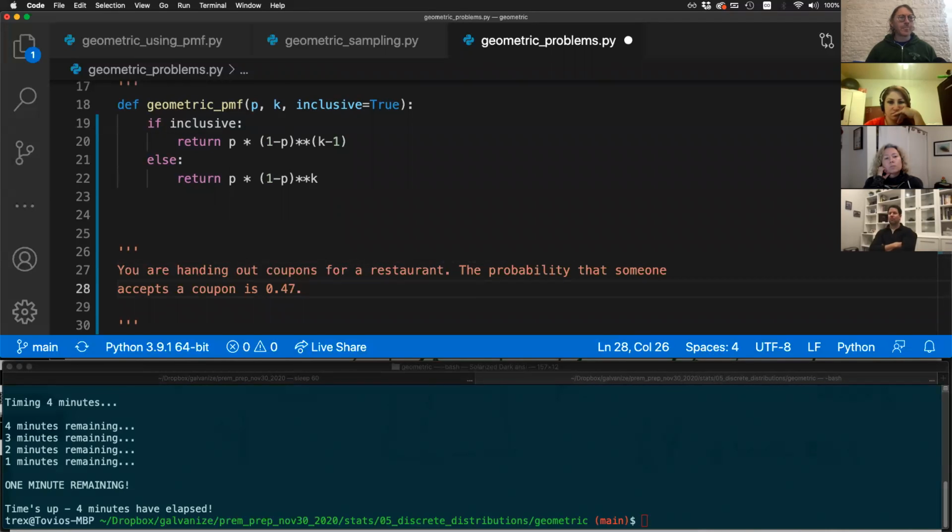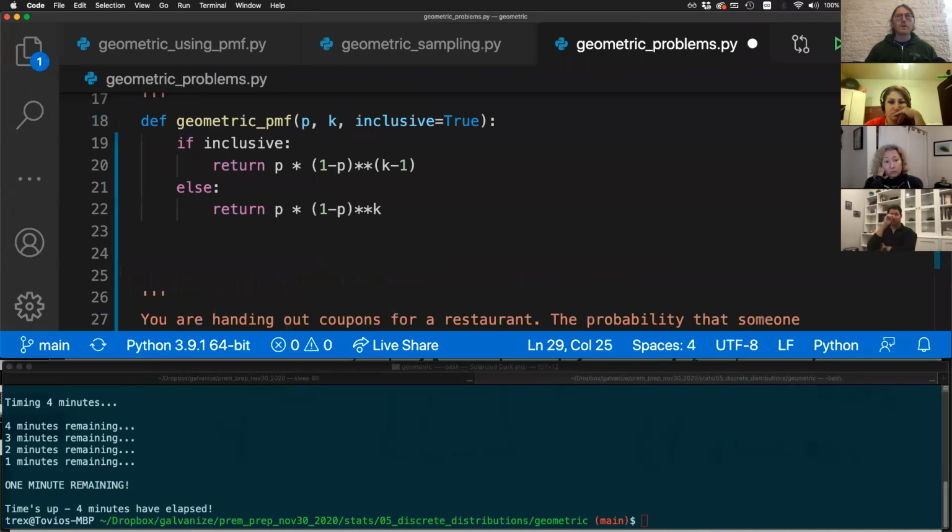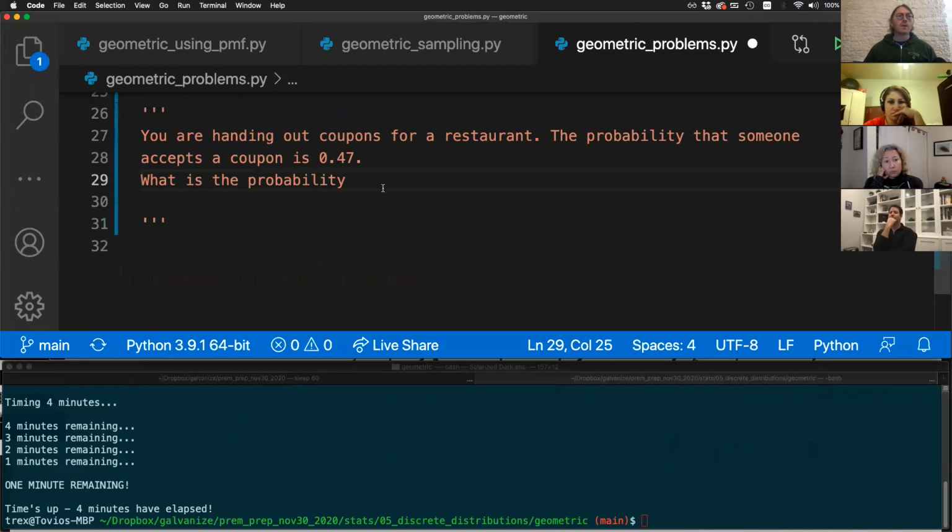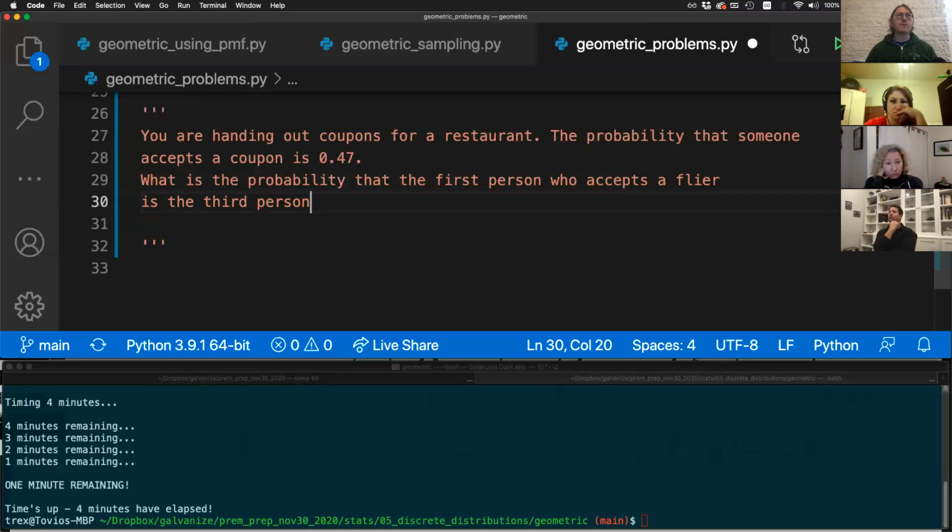Let's ask the question: what is the probability that the first person who accepts a flyer is the third person you offer a flyer?